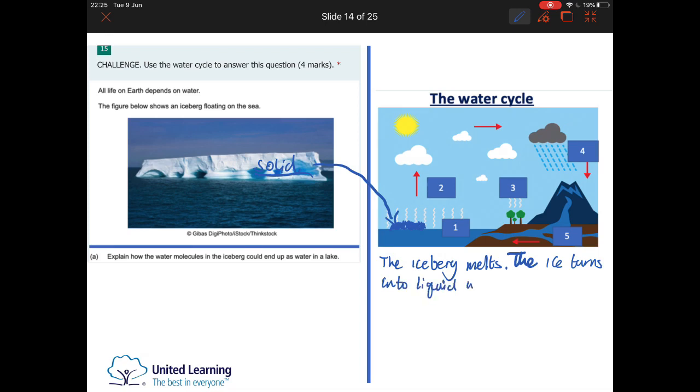You can say liquid water, just to be more specific. And then you can say in the ocean, which is this one here, this is the ocean already, so the water has melted into the ocean. So the iceberg melts, the ice turns into liquid water into the ocean. So you can say into the ocean.